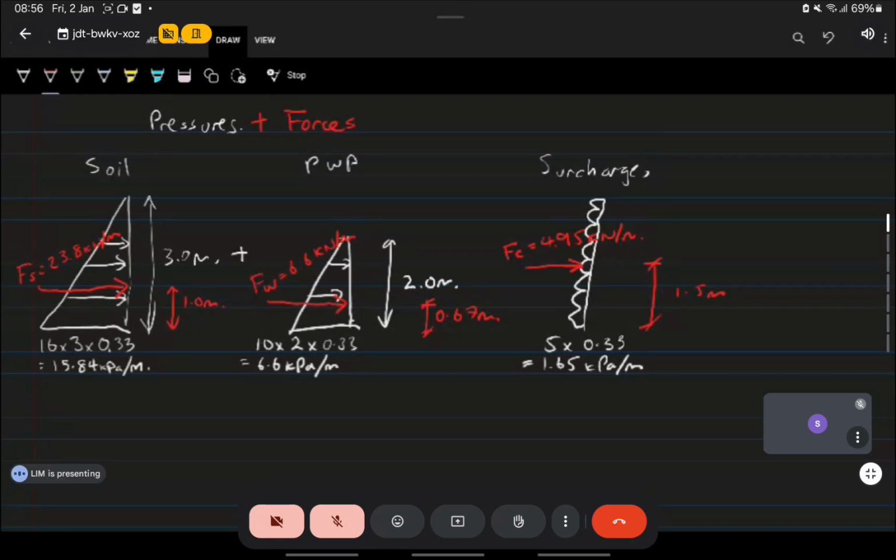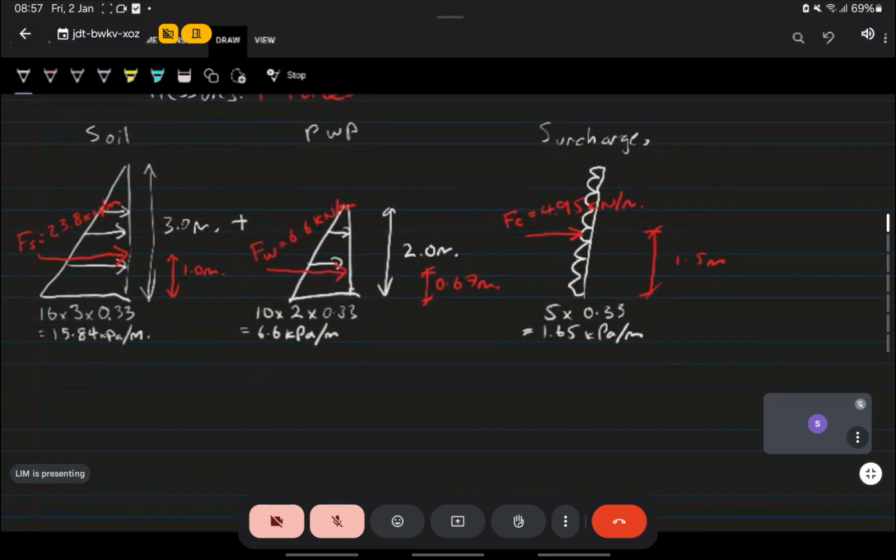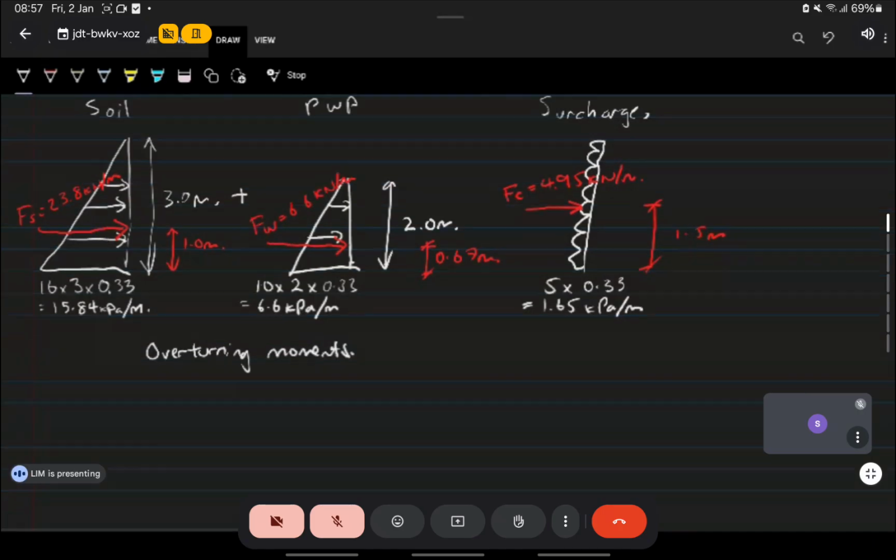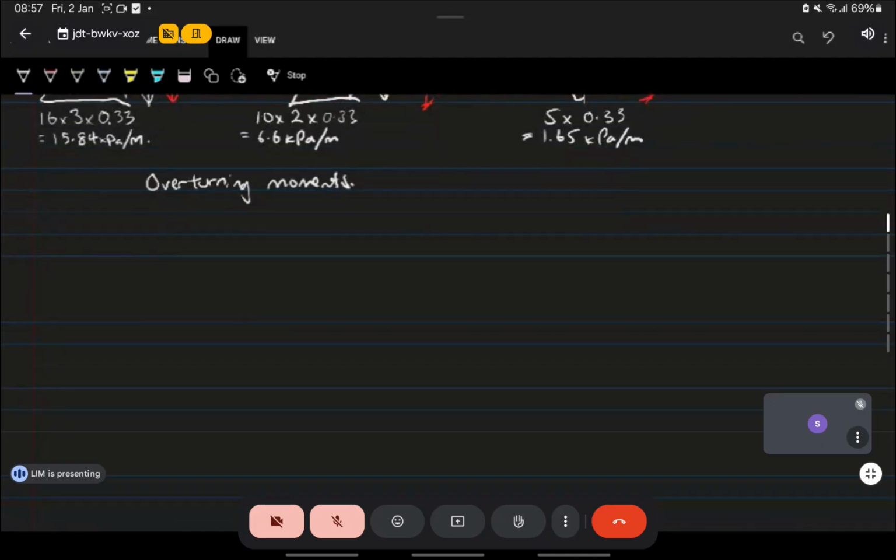Now that you have your forces, you can calculate your moments. All these forces are acting on your retaining wall. So let me redraw the retaining wall.